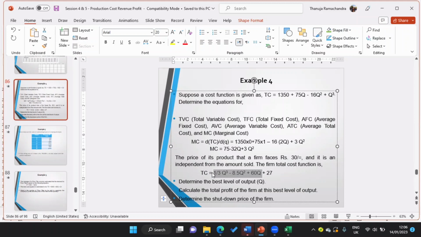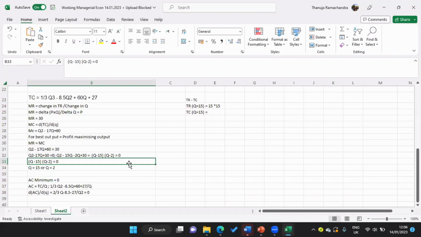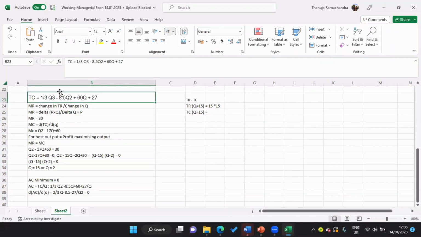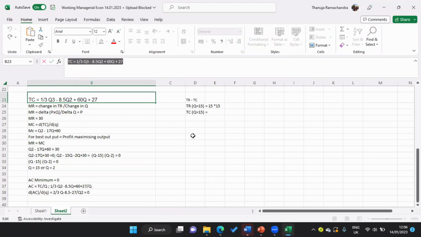So therefore, P equals minimum AVC, right? So at minimum AVC, the slope is equal to 0. Okay. So in this case, this is our variable cost, isn't it?